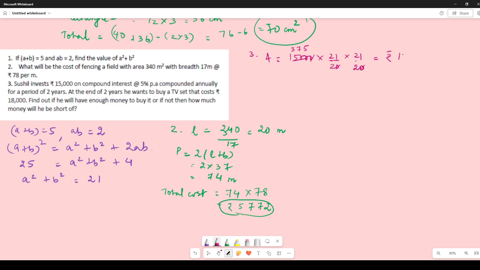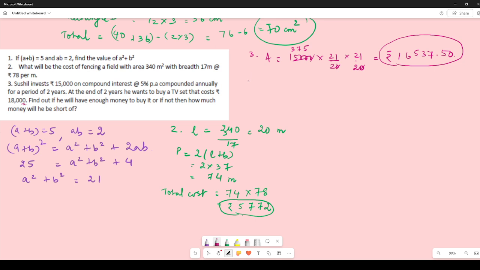I did the calculation, 16537.50. That is the amount he gets. Now remember, how much does he need? He needs 18,000.